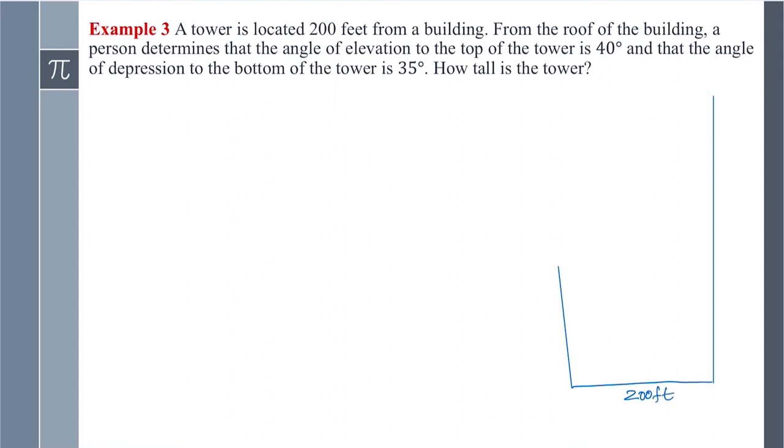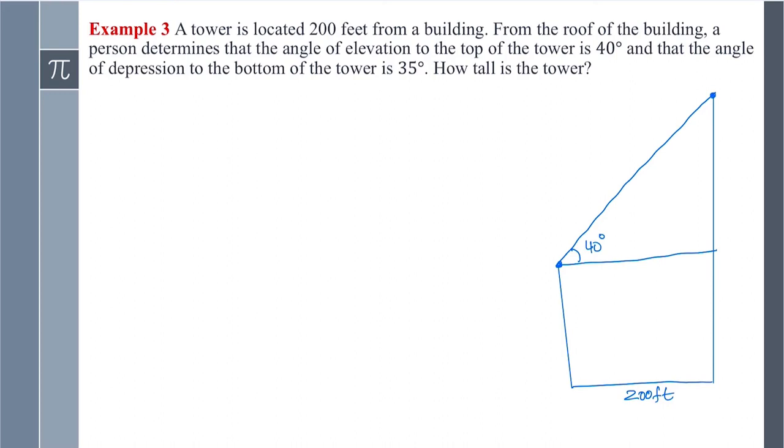From the roof of the building, so from here, a person determines that the angle of elevation to the top of the tower, so this is the top of the tower, so from here that person looks up. Now we need to draw the horizontal. So this is the angle of elevation, which is 40 degrees.